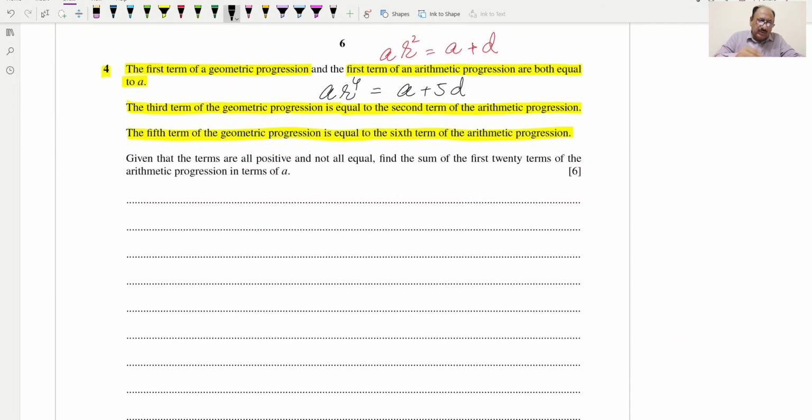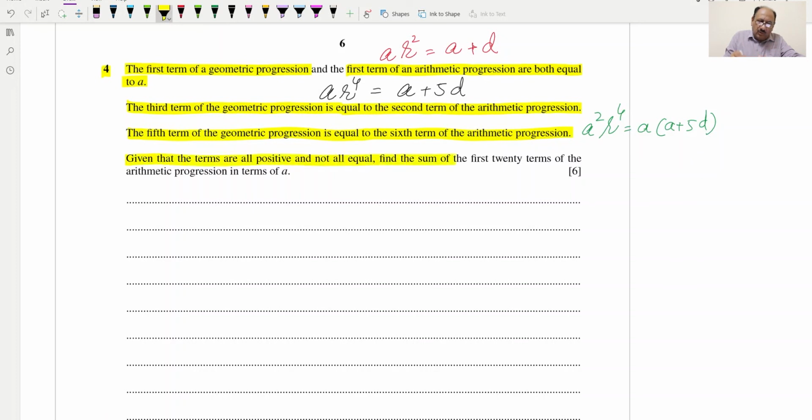So we can write this as the fifth term of geometric progression will be a r raised to the power 4, a square r raised to the power 4, and this is equal to a into a plus 5d, which is the sixth term of the arithmetic progression.